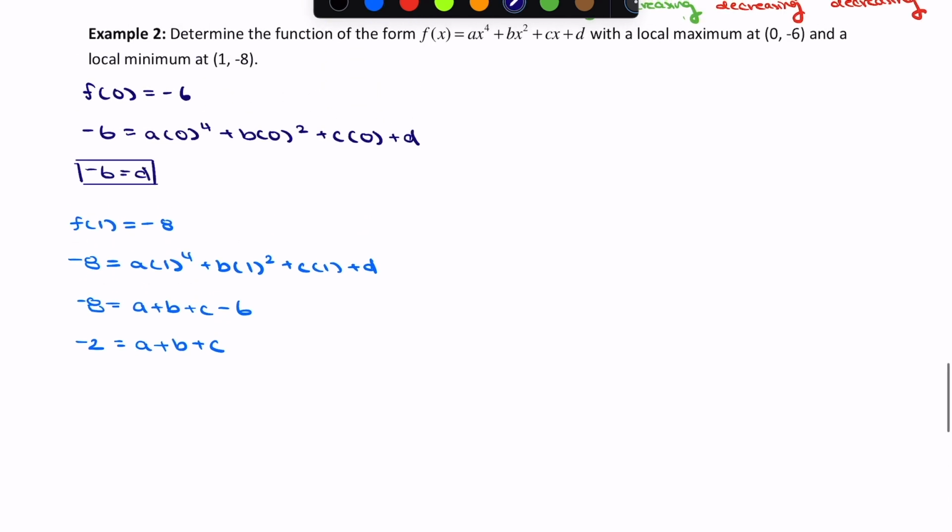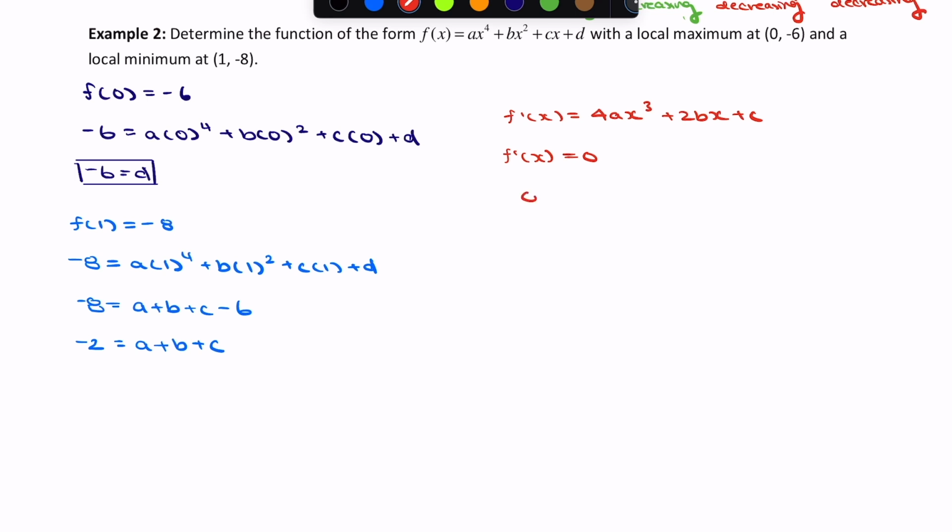And the next thing we'll do here is take the derivative. So f'(x) = 4ax^3 + 2bx + c. We'll make f'(x) equal to 0, and we'll look at it at 0.